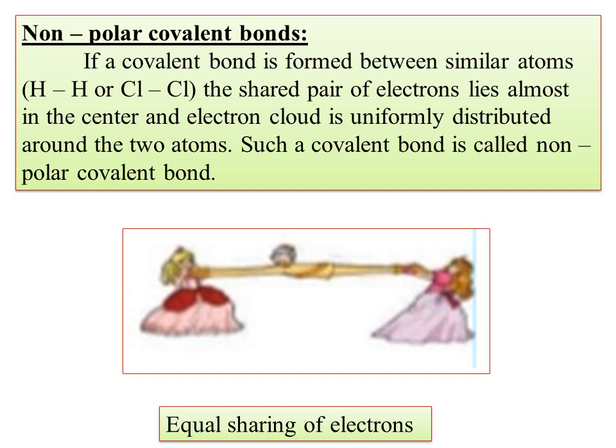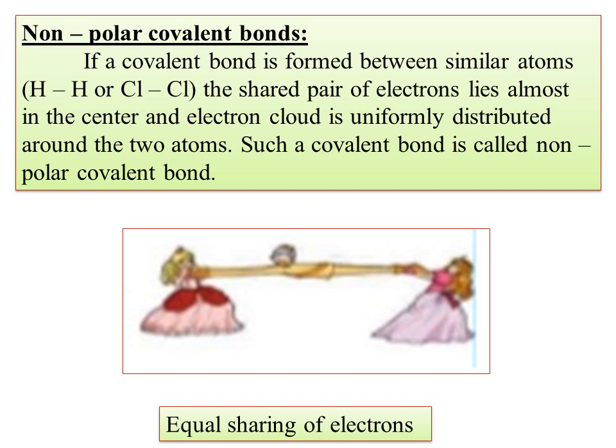Similarly, non-polar molecules. Homoatomic molecules have the same number of electrons and the same electron cloud. Thereby, the electrons can be uniformly distributed around the two atoms. Such a covalent bond is called a non-polar covalent bond. If the covalent bond is formed between similar atoms, the shared pair of electrons lies almost at the center.